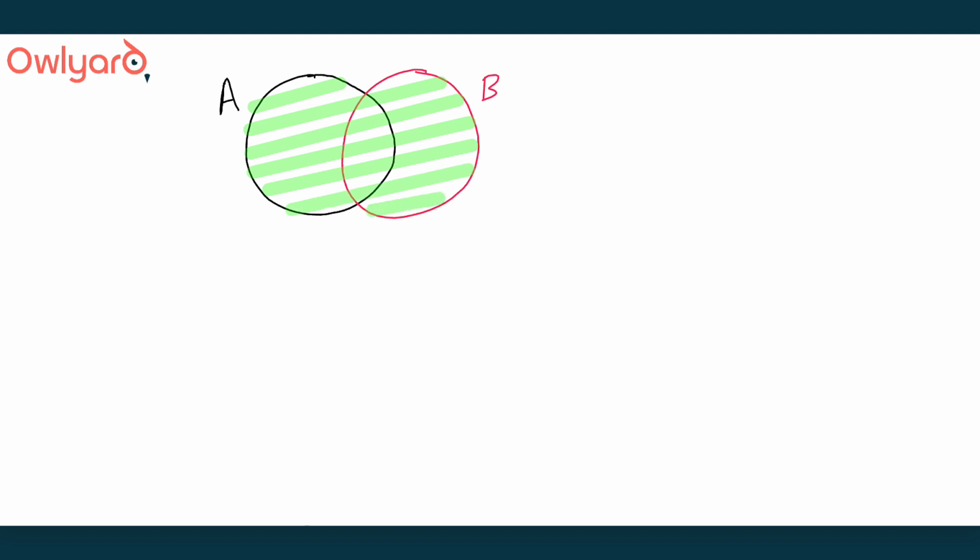So that's the union, and the intersection is this overlapping area, denoted by this sign.